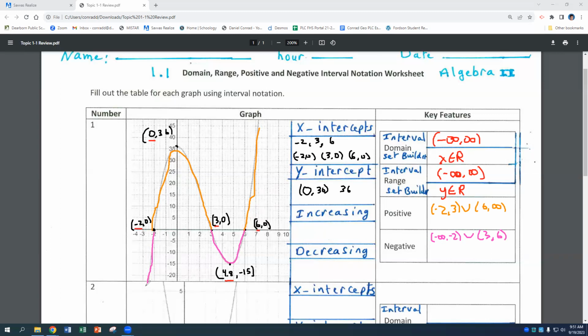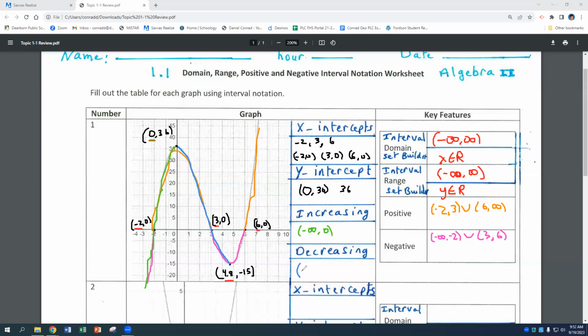Okay, so this graph starts at -infinity, so it's going to start increasing from -infinity all the way till we get to this relative maximum, which is at 0. So it's increasing from -infinity until 0. All right, then it begins decreasing. It begins at 0 and decreases until we hit that relative minimum at 4.8.